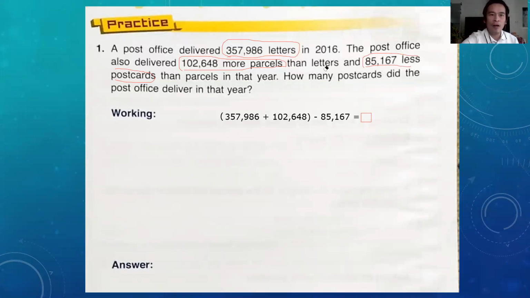But if you want the colon, which is faster, you can do it. Like for example, this is letters, right? So you can just write number of letters, or you can just write letters, then colon, and then 357,986.